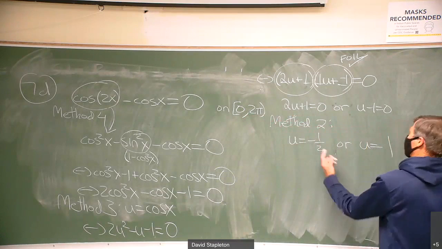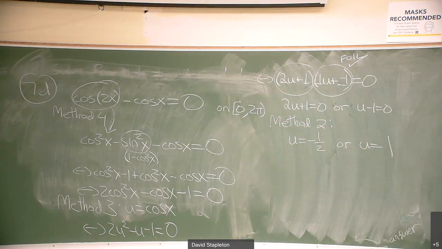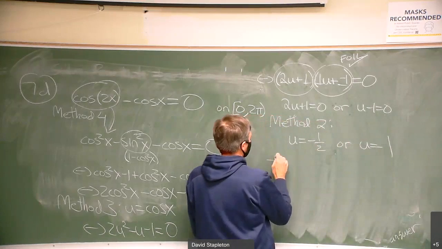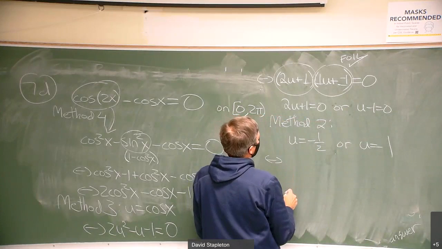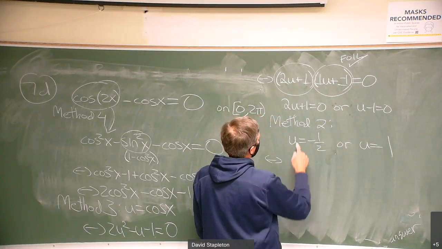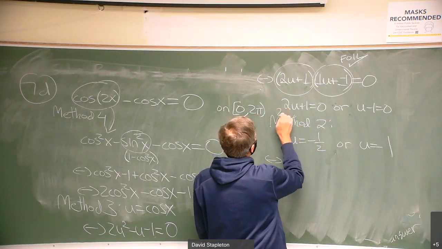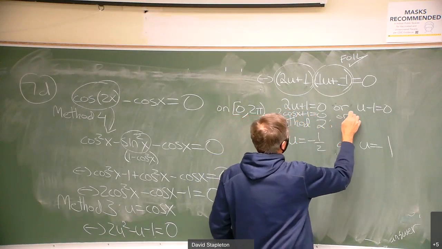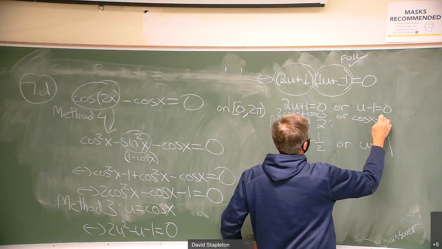Alas, this time it's cosine equals a number, so it's going to be a little different, right? So method 2 reduces this to, I should put it as trig functions: 2 cosine x plus 1 equals 0, or cosine x minus 1 equals 0.